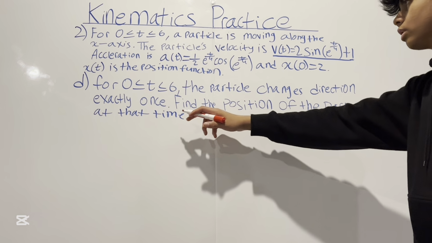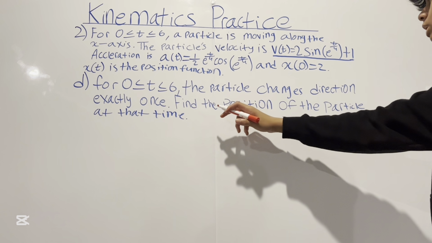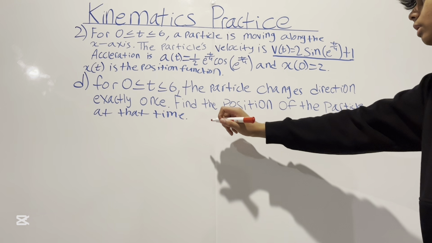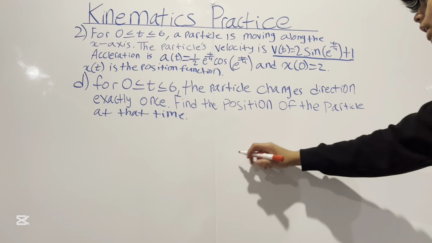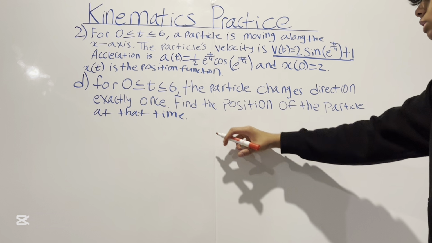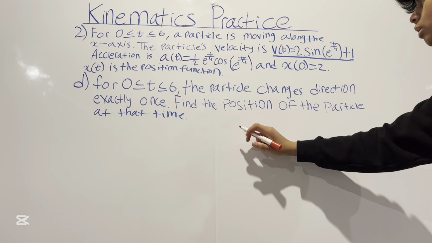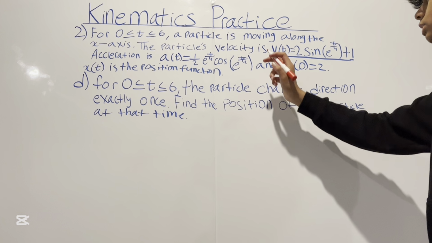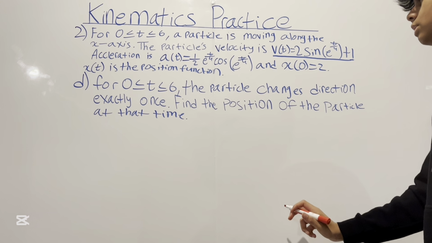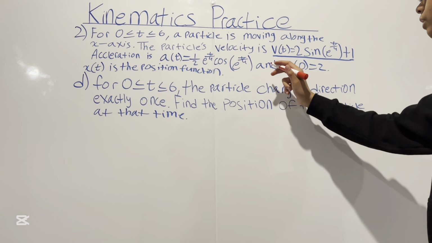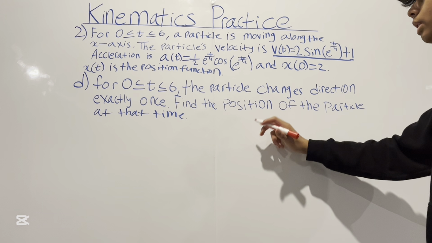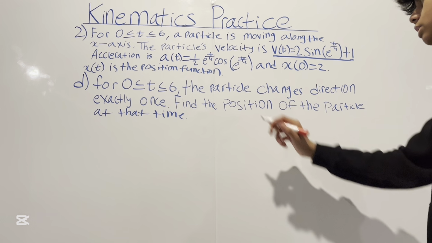2d, we have, for the time interval 0 through 6, the particle changes direction exactly once. Find the position of the particle at that time. So, to find the time when the particle changes direction, we need to see where the velocity function crosses the x-axis. So that means we have to find where v of t is equal to 0. But not just when it's equal to 0, when it crosses it.